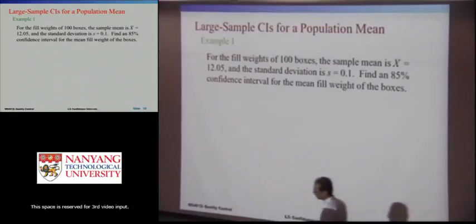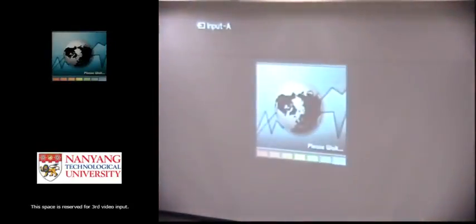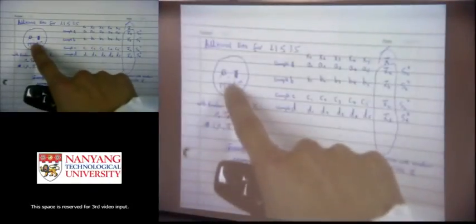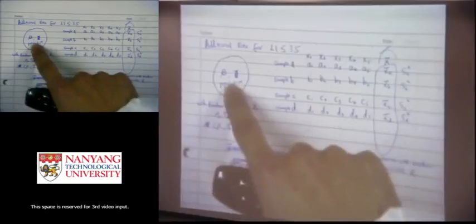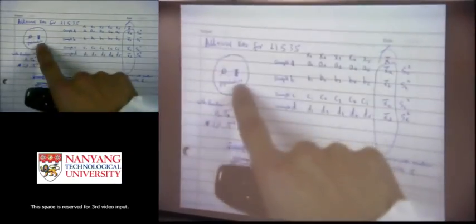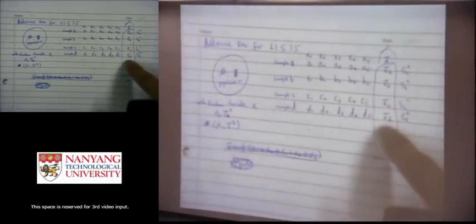Again, here, if this is a box, they are asking for the confidence interval of x of this box, or they are asking for the confidence interval of this x bar.